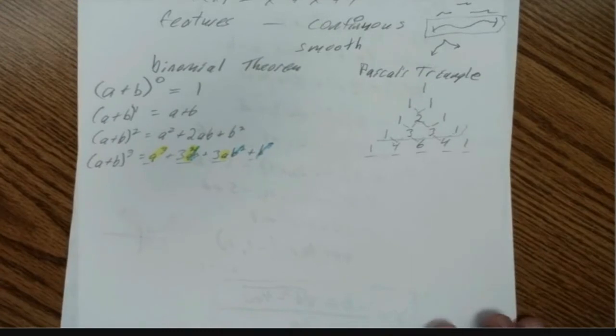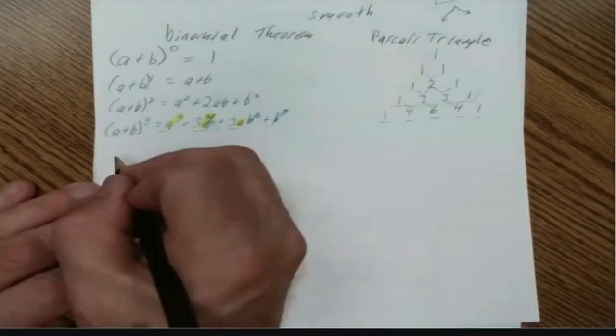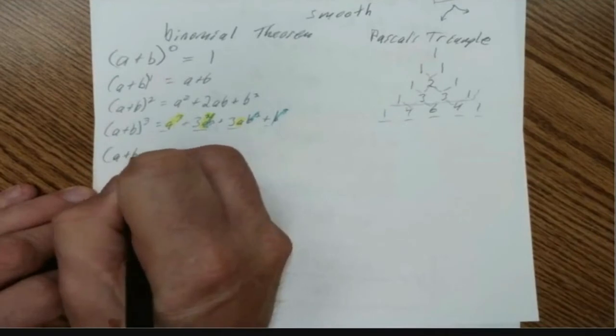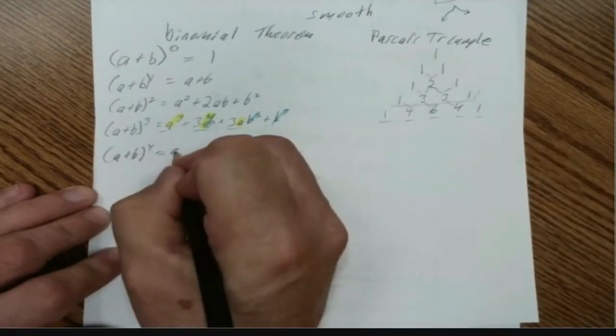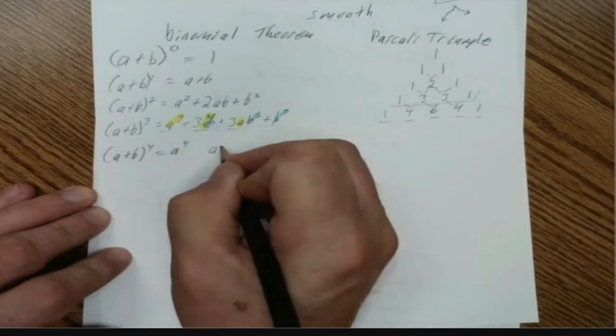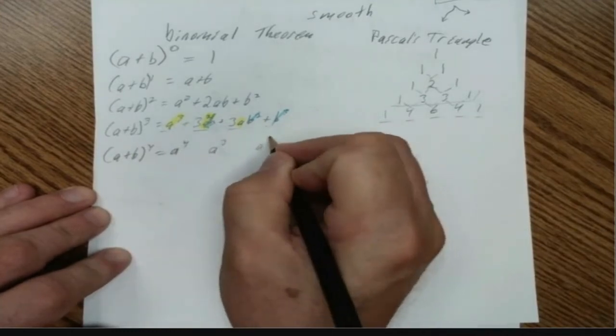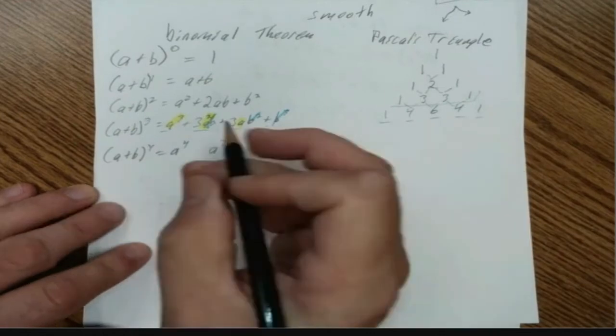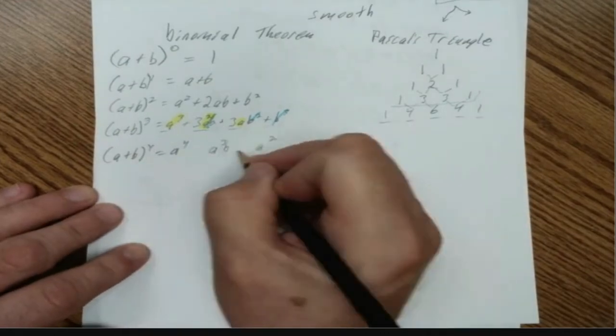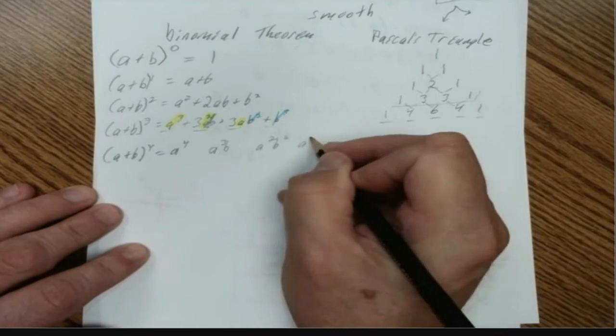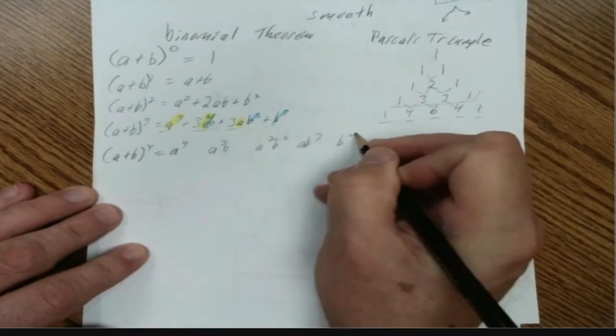So what Pascal's triangle tells us is we could already jump ahead and know what the coefficients are. So if we had a plus b to the fourth, because we already have that on our triangle, we know that the a's would be a to the fourth, a to the third, a to the second, a, and then just 1. We'd have a b, a b squared, a b to the third, and a b to the fourth.